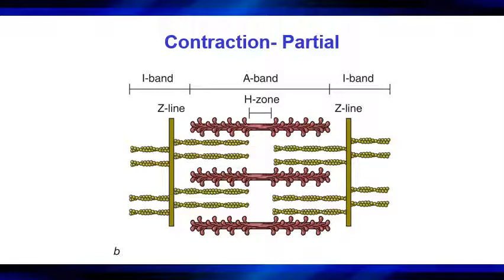The I bands and the H zones are shortened. Now you're getting greater force potential. And the reason you're getting the greater force potential at this point is because of the cross bridge alignment. So now you have a greater potential for force, because now you can start to get that cross bridge formation in here with the actin and myosin filament.